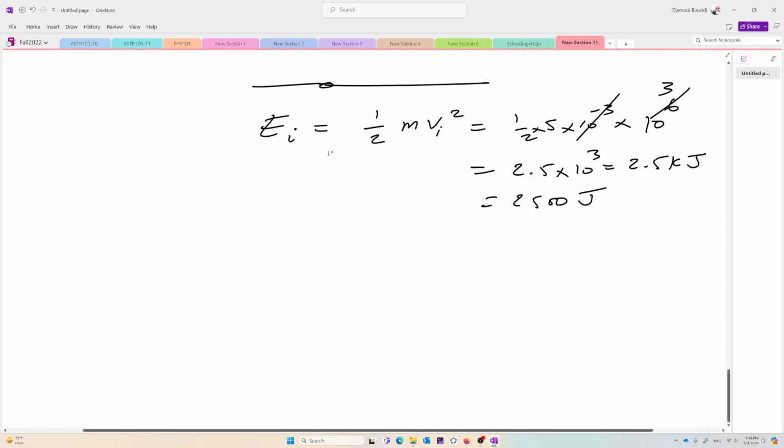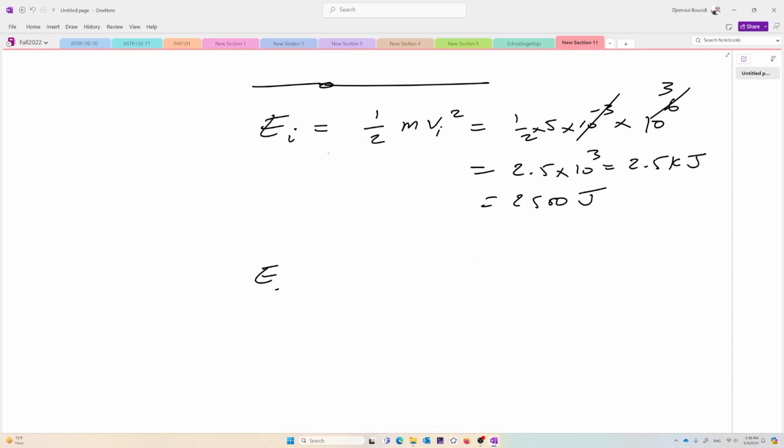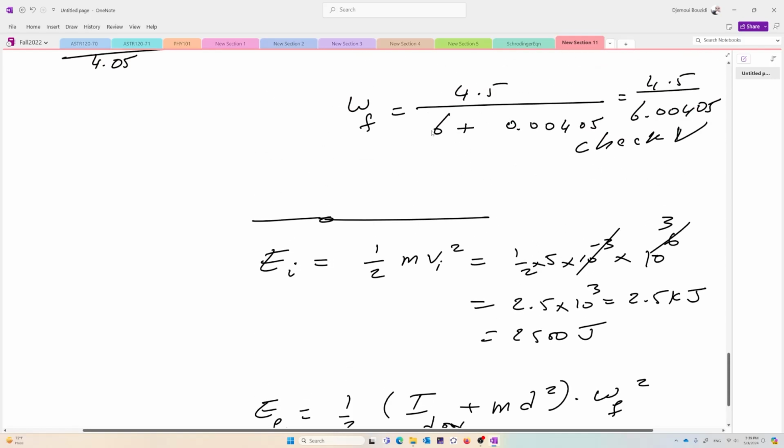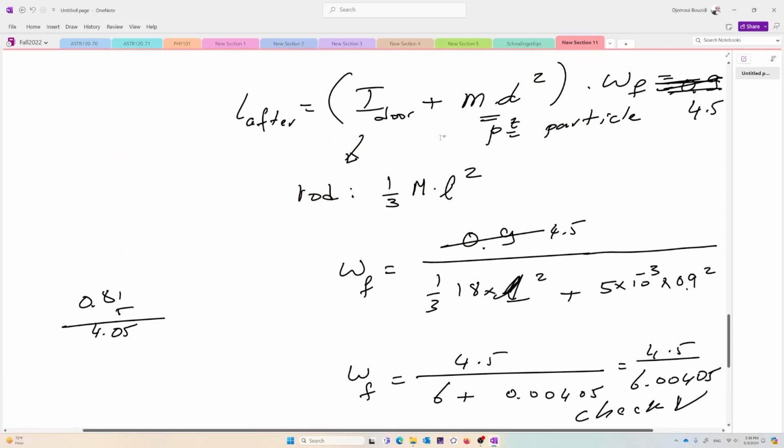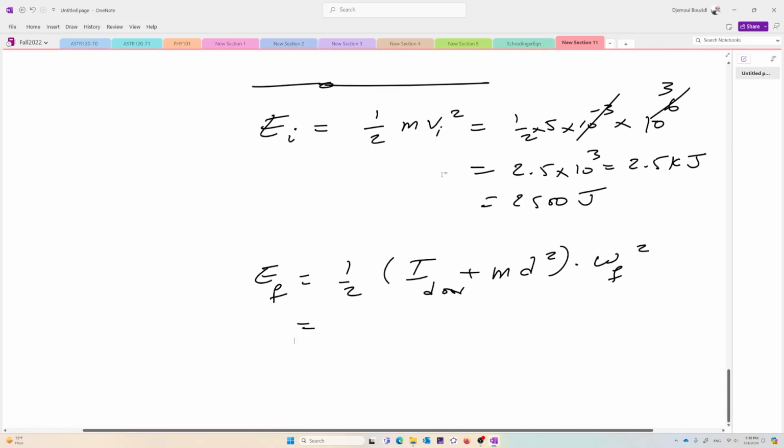How much is the energy afterwards? It's E final, 1/2 of I of the door plus the mass of the bullet d squared, times the omega f squared. Let's see here, we can do it. The I of the door is 1/3 the mass of the door.